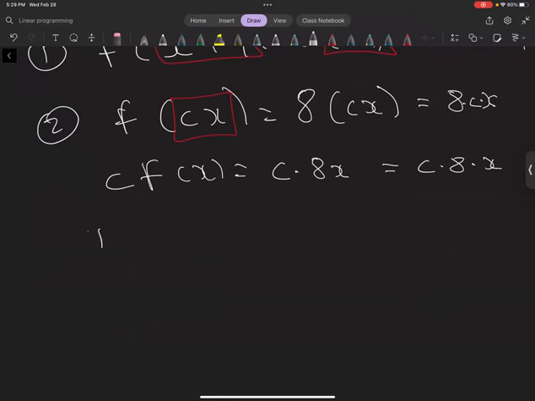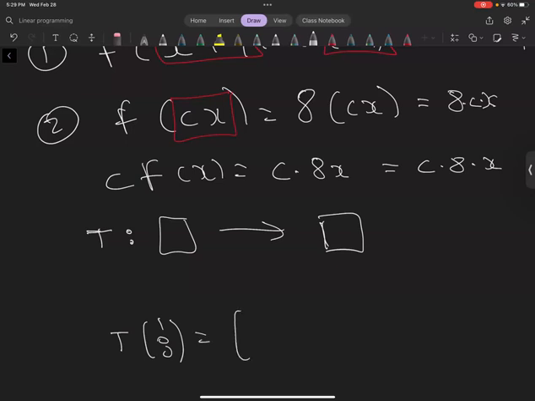Question. T is a transformation from which space to which space? For example, T takes 1, 0, 0, and it gives me minus 4, minus 2, minus 5.